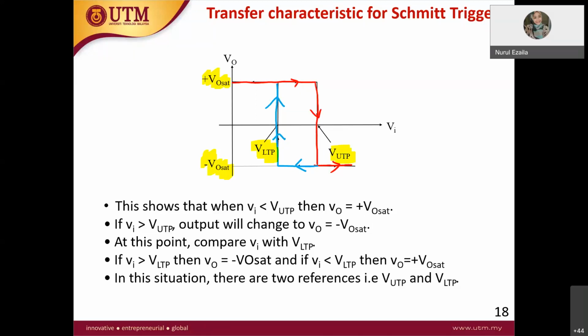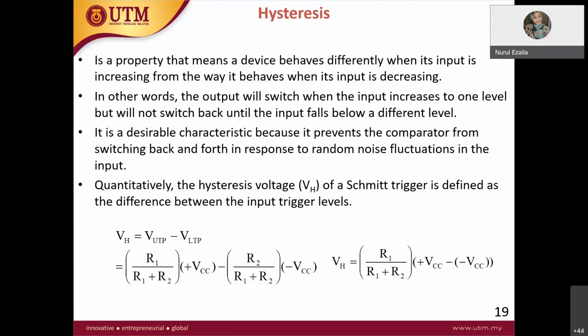So for the hysteresis, what is hysteresis? It is a property that means the device behaves differently when its input is increasing from the way it behaves when its input is decreasing. In other words, the output will switch when the input increases to one level, but will not switch back until the input falls below a different level.